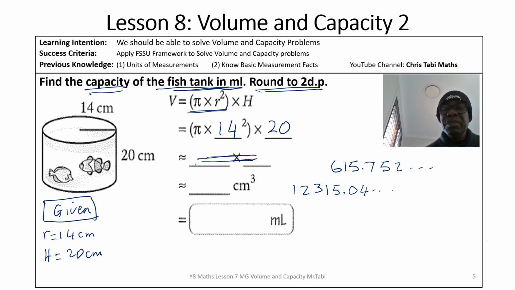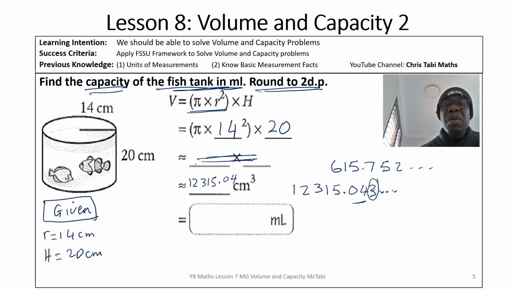Now, 0.04, let me put the 3 and so on. Because it says 2 decimal places, this is my second decimal place, the 4. So that's a 3, so I don't need that. So this is 12,315.04 to 2 decimal places.